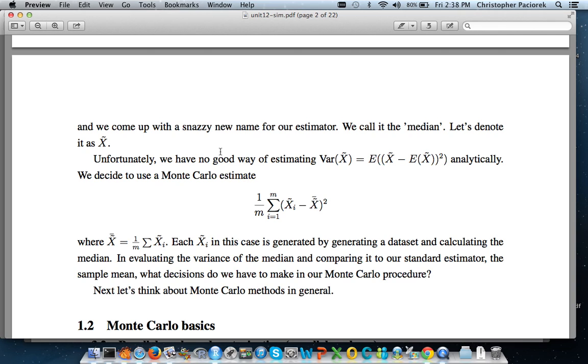So in that case over there, I said it was normal, but I might be interested in knowing how the median performs on some other kind of distribution. So I'd have to figure out what's the distribution under which I'm going to generate the data, and what are the parameters of the distribution. Well, if it were normal, I'd have to choose the theta and the tau squared. If it were some other distribution, there'd be some other parameters that I would have to choose.